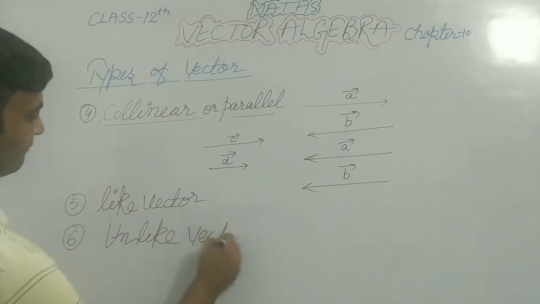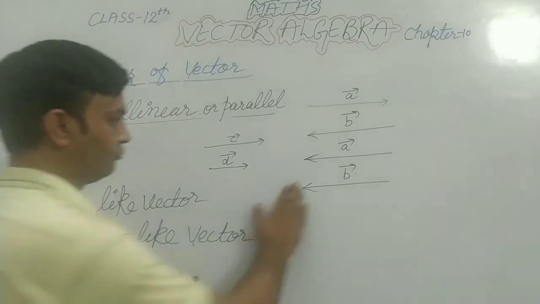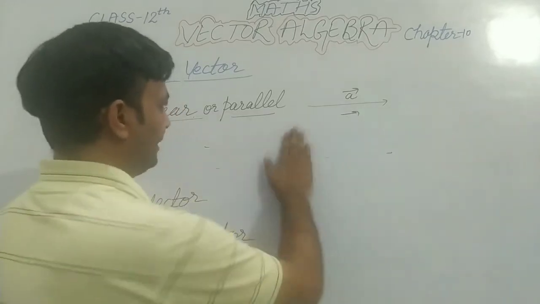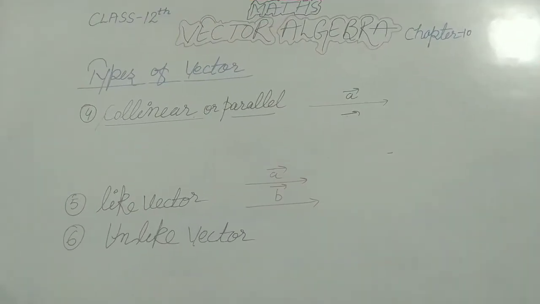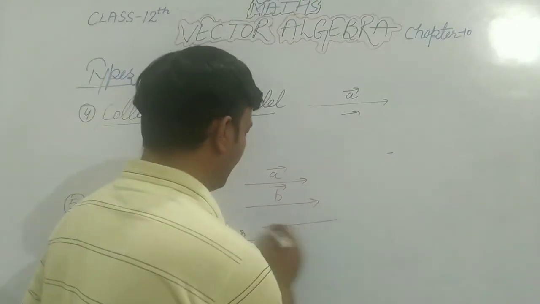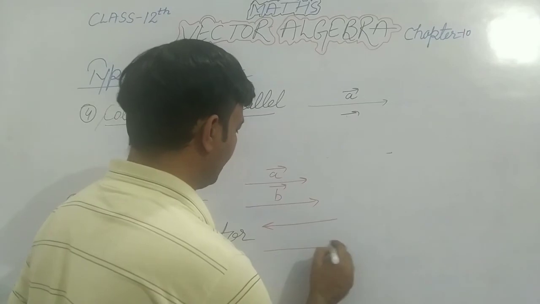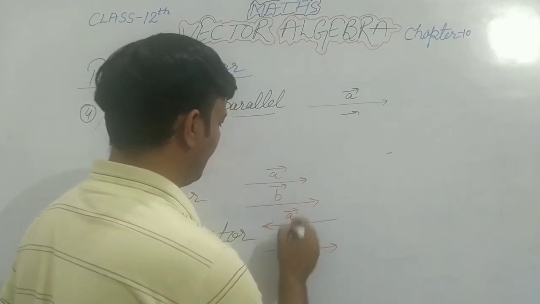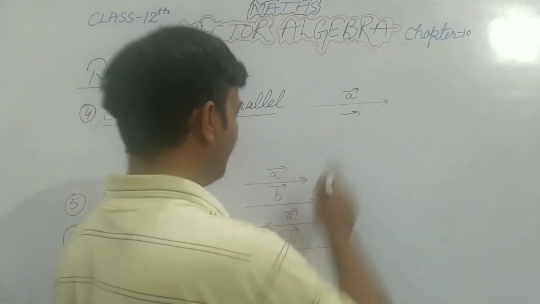So what is a like vector? If two vectors have the same direction, then those vectors are like vectors. Same direction, so like vectors, and if they have different direction, we can say unlike vectors, isn't it?